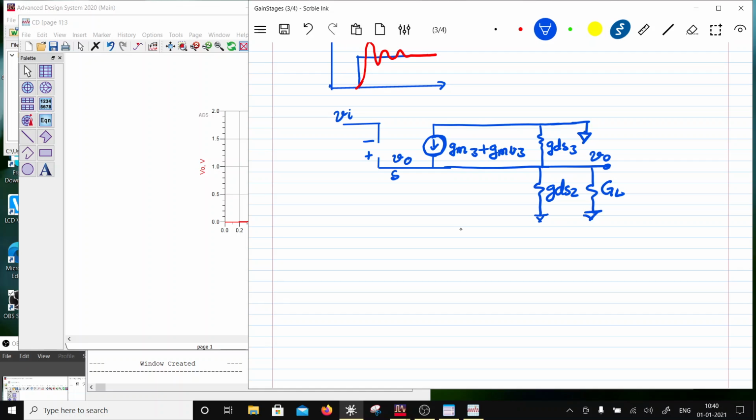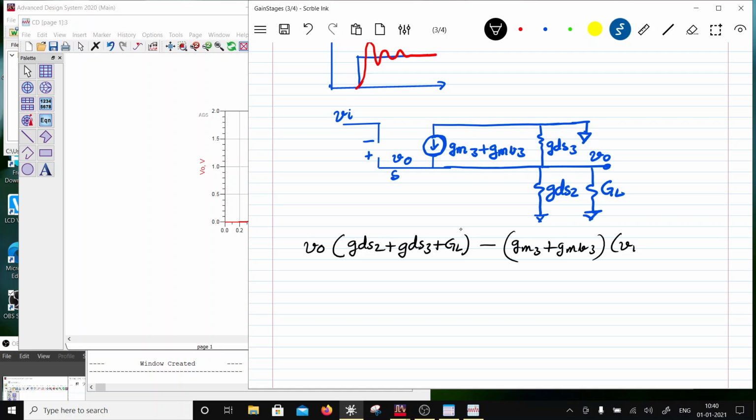So now let's write the equation at the output node. We have VO times GDS2 plus GDS3 plus GL, and then you have the current flowing in, minus GM3 plus GMB3 times VI minus VO, equal to 0.